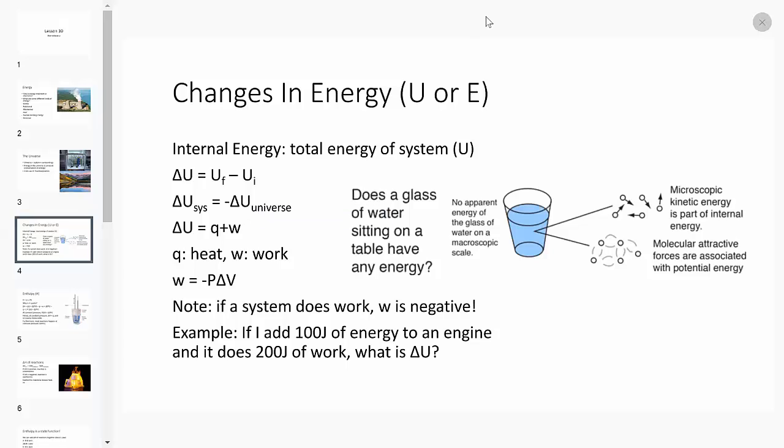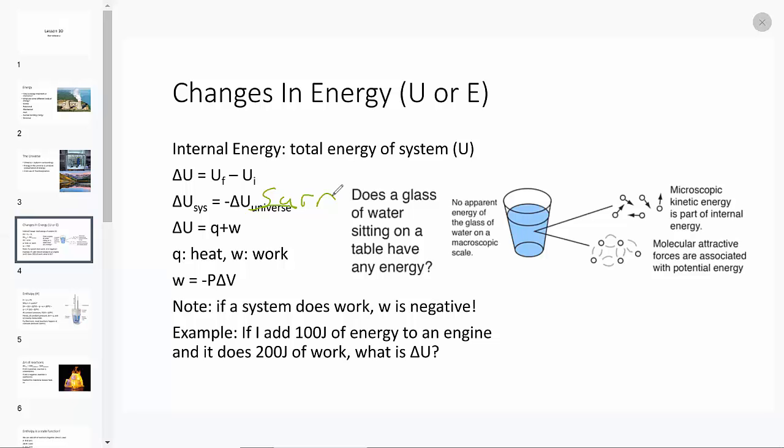So let me fix that. Delta U of the system equals negative delta U of the surroundings. This makes sense because if we sum these together, we get 0, which is the change in internal energy of the universe, which must be 0 because of the conservation of energy.